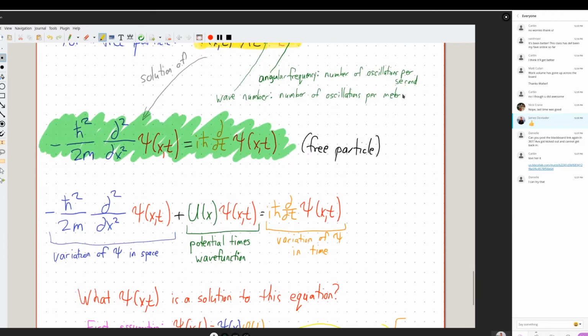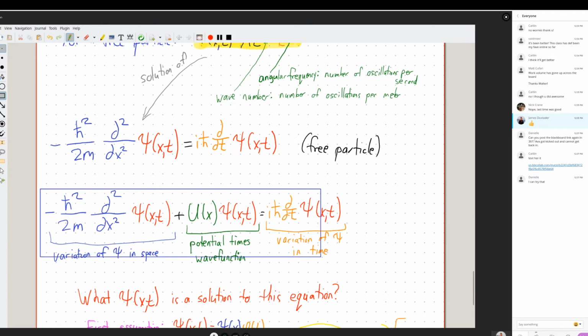So what we did then was we said, let's put in a potential. What I wrote before was the Schrodinger equation for a free particle, one that is not confined by some potential. So then we said, let's now think of the Schrodinger equation here, where we add a potential.